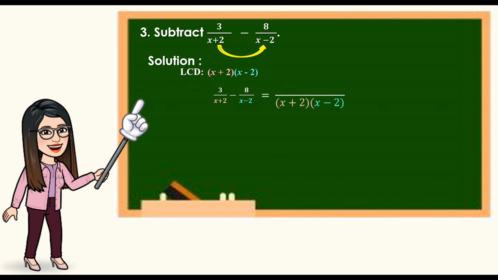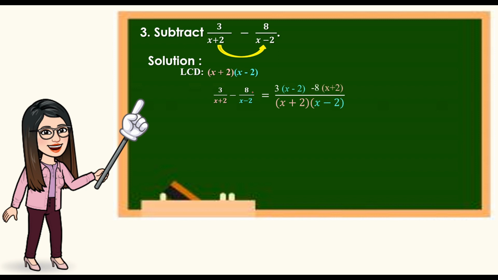We will divide the quantity of x plus 2 times the quantity of x minus 2 by x plus 2 and then multiply it by 3. So we have 3 times the quantity of x minus 2, minus the quantity of x plus 2 times the quantity of x minus 2 divided by x minus 2, times 8.